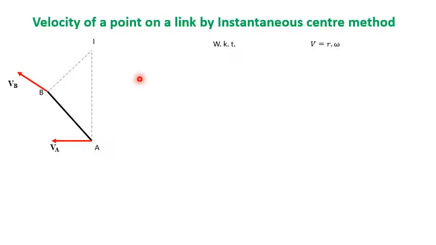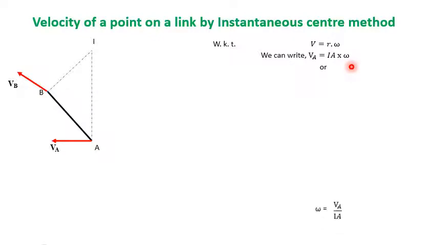So we know that the linear velocity v is equal to radius multiplied by the angular velocity, and we can write this equation. Because we have the two velocities VA and VB, therefore VA is equal to the radius IA multiplied by the angular velocity.